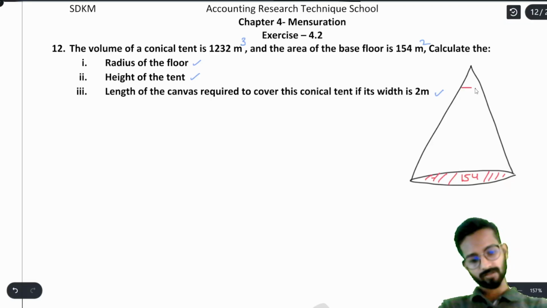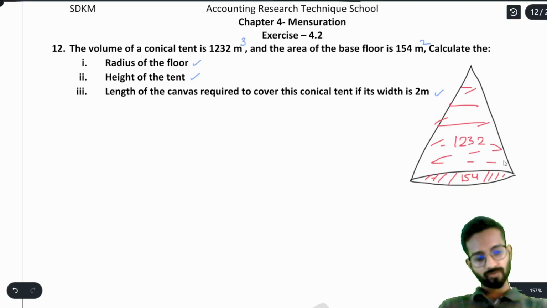So you can write here, given: volume of tent is 1232.